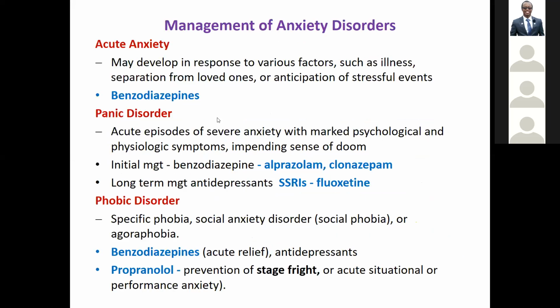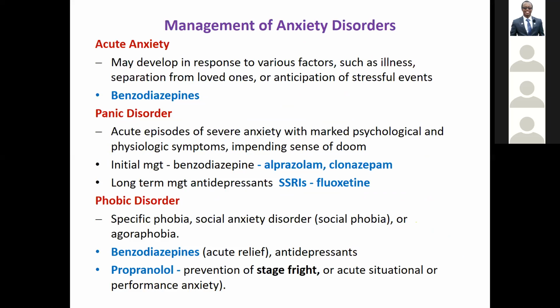So this is just a very, very short overview. Acute anxiety, that's the presentation. Again, in 5th year, you look at this in detail. But at this point, I would like you to tell me which benzodiazepines you can use for acute anxiety. That's what I would be interested in 4th year.